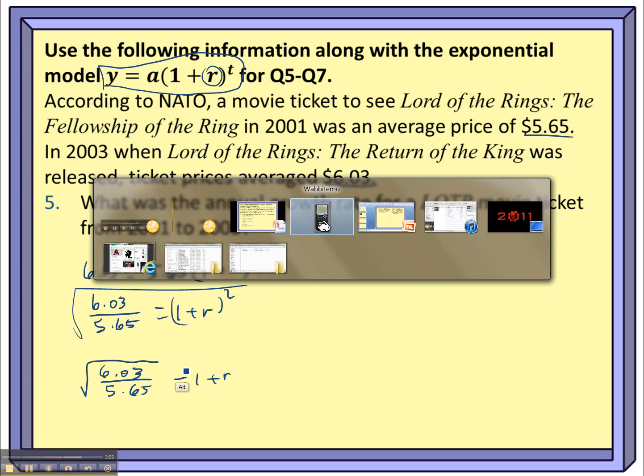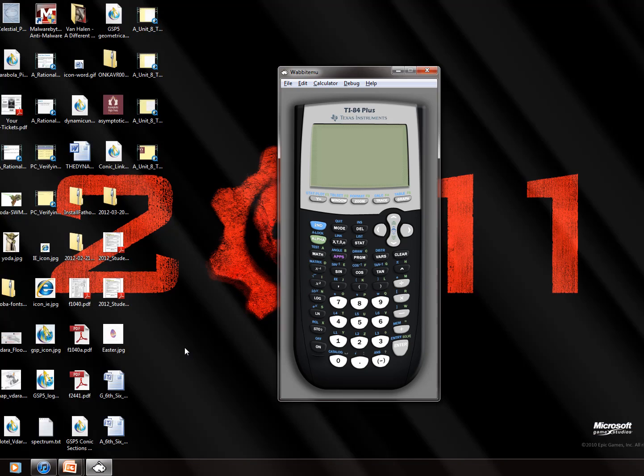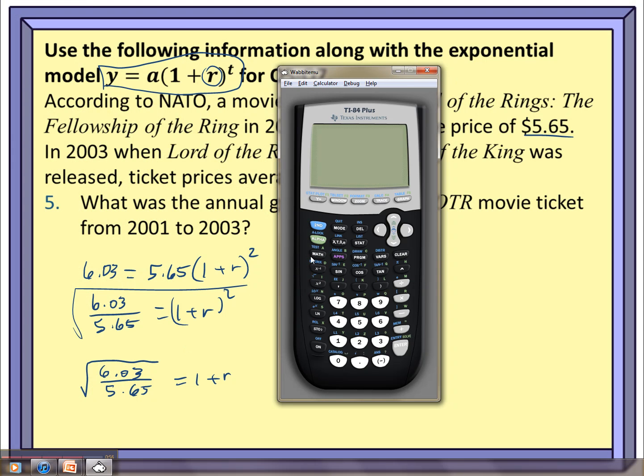So let's pull this calculator up right here and put this stuff in. Clear this out. So I want the square root of 603 divided by 565.